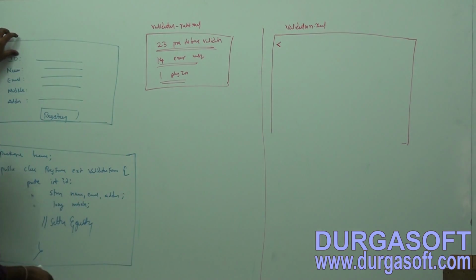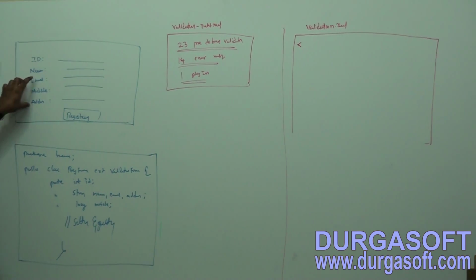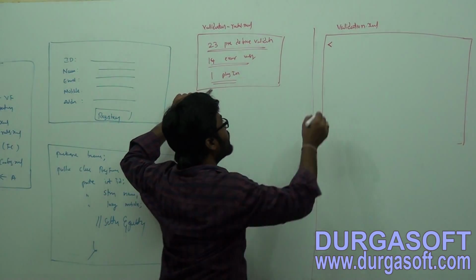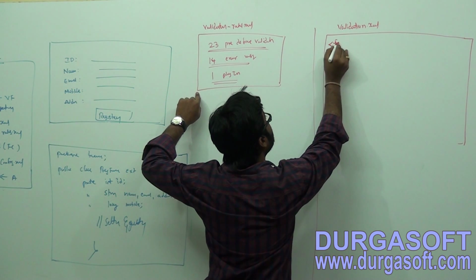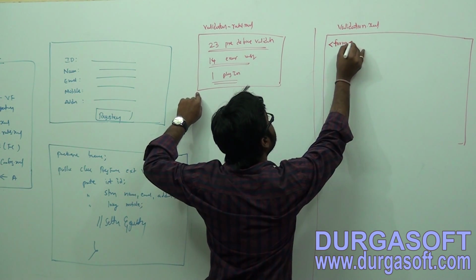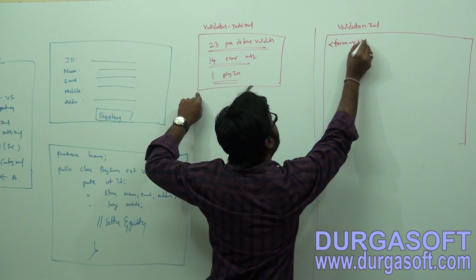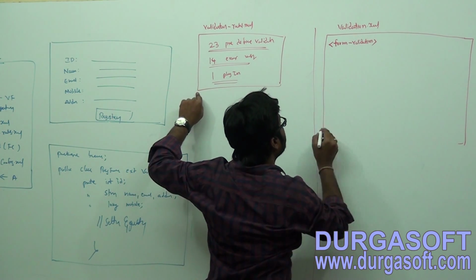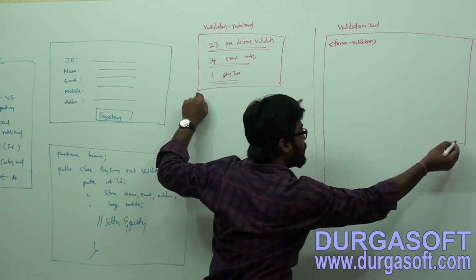Here we have a number of fields: ID, name, email, mobile, and address, five fields. For these five fields, if you want to apply validations, the main root tag of this validation XML file is form-validation.